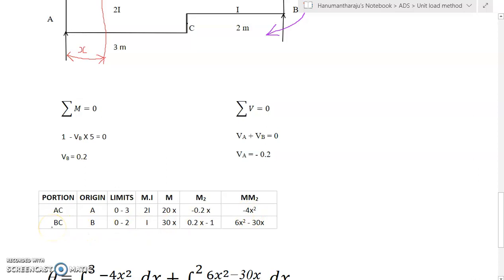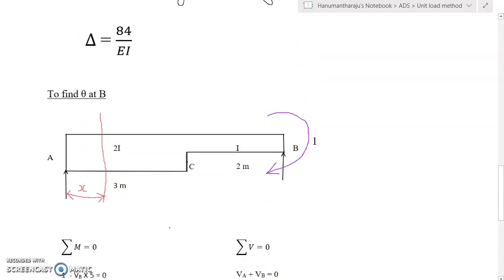In the portion BC, B is taken as origin, limit is 0 to 2, moment of inertia is I, bending moment due to external load is 30x, it remains same, and here in the portion BC, we will take the moment about the section at a distance x from the origin.